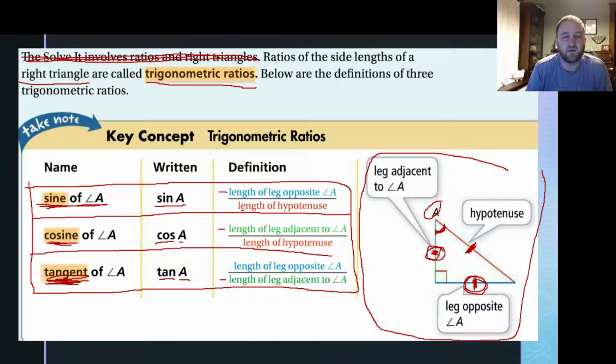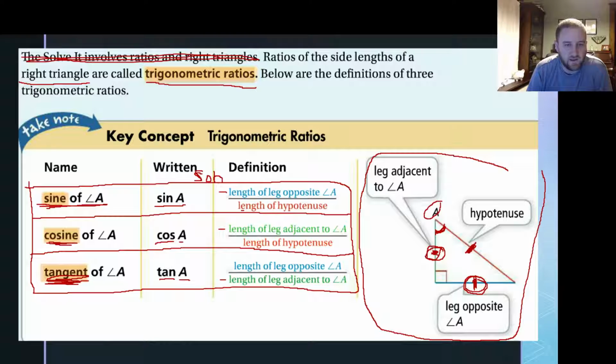Man, if only there was some sort of an easy way that we could understand and remember these, right? So sine is opposite over hypotenuse, right? So opposite over hypotenuse. Okay, so think of that as S-O-H.